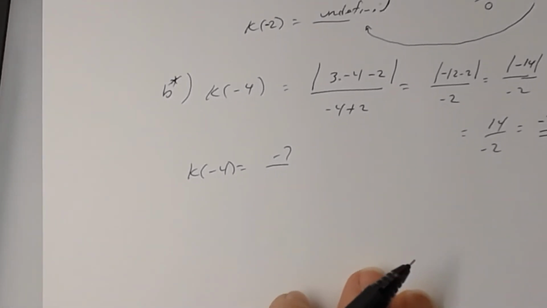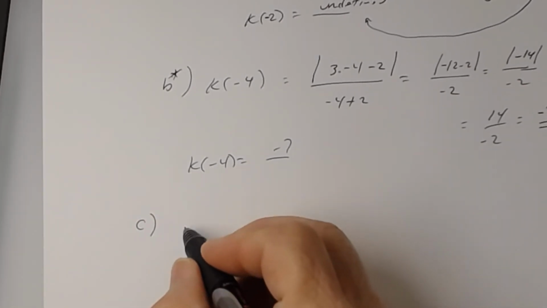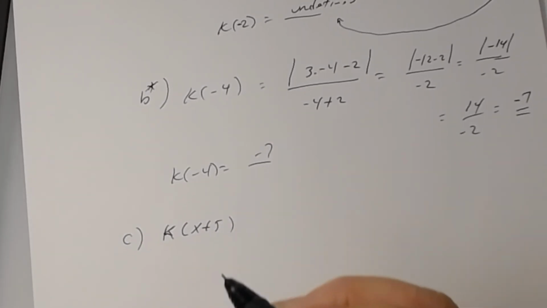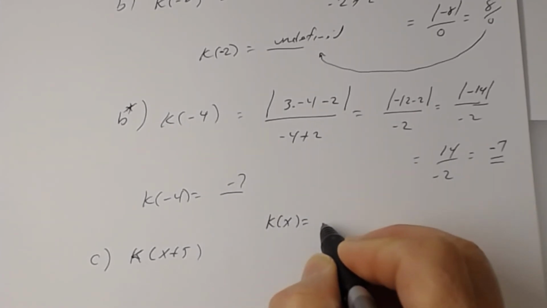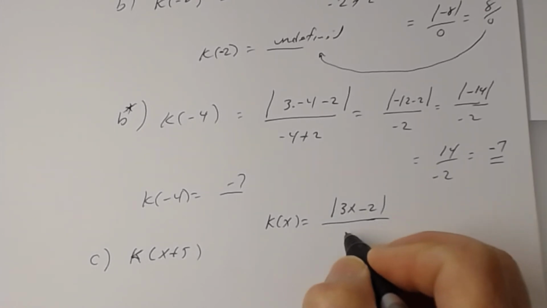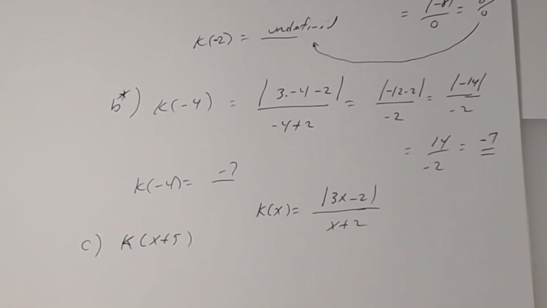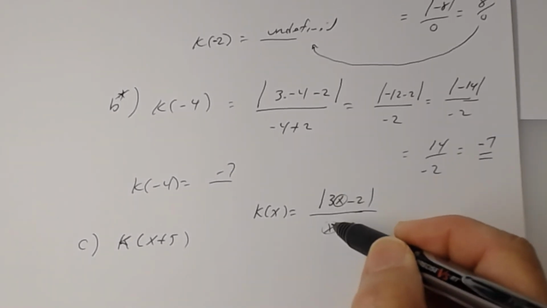And then finally, letter C. You want to find k of x plus 5. I'm going to go ahead and rewrite my function. K of x was the absolute value of 3x minus 2 divided by x plus 2. So where we see the variable x, and I see it here and here, I'm circling them.